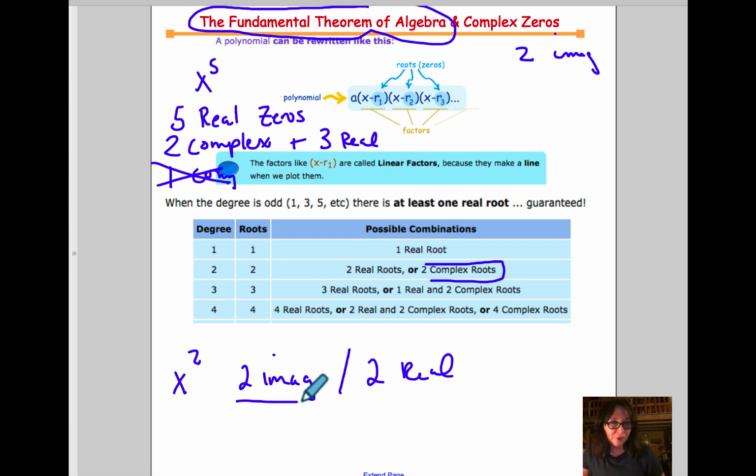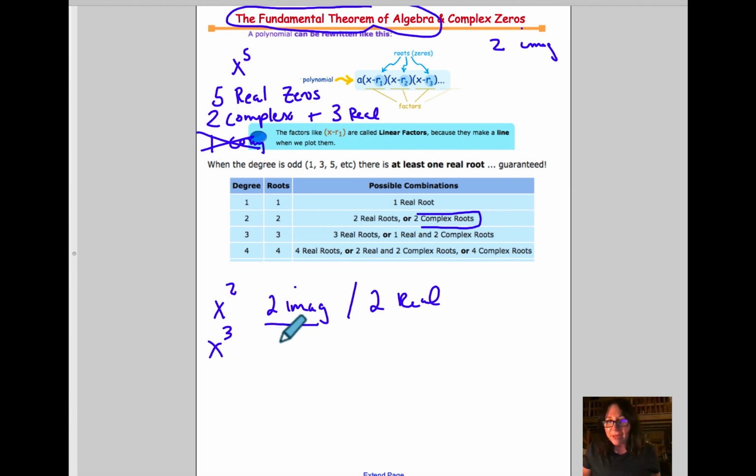That was 2 imaginary roots. I had no real roots. But if I have x cubed, if my degree is x to the 3rd power, I could have 3 real roots, or I could have 2 imaginary roots, but I still need 1 real root.